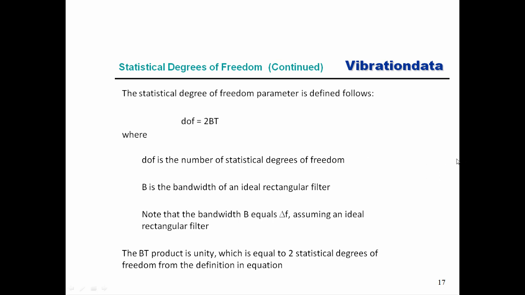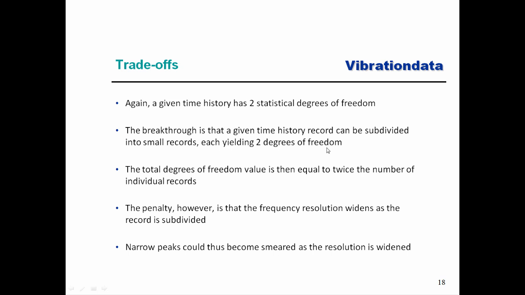Well, what we can do with power spectral density functions is take that entire time duration and divide it into smaller segments. Each segment has 2 degrees of freedom. So we get 2 degrees of freedom per segment. The total number of degrees of freedom is then equal to twice the number of individual records. But the trade-off, the penalty, is that the frequency resolution widens as the time record is subdivided.